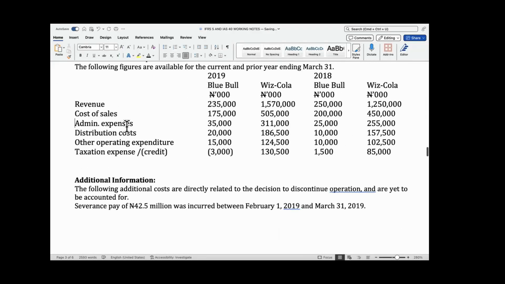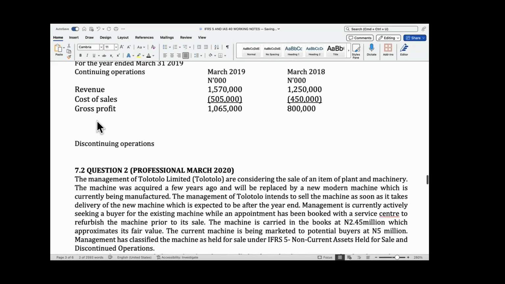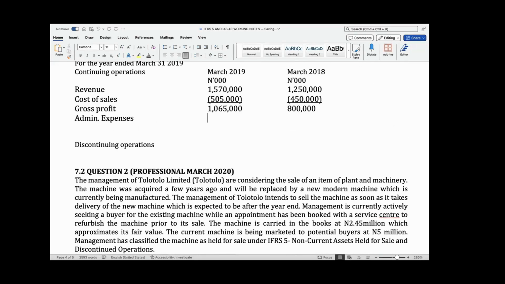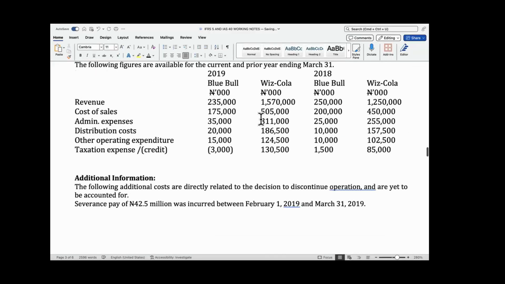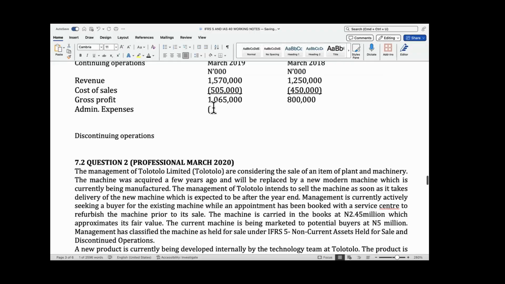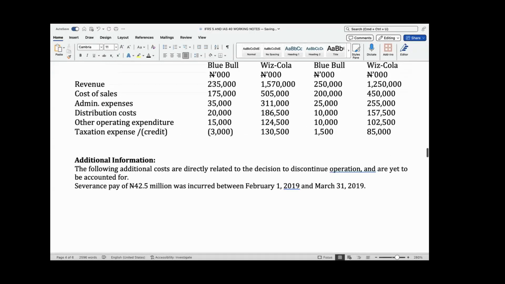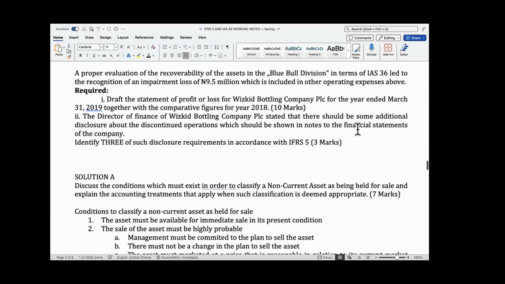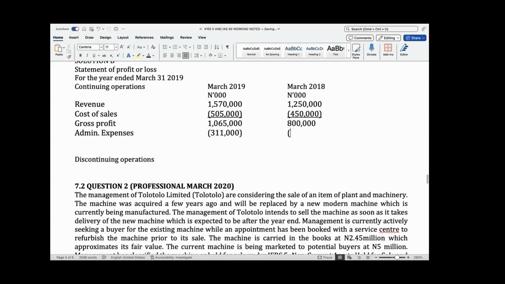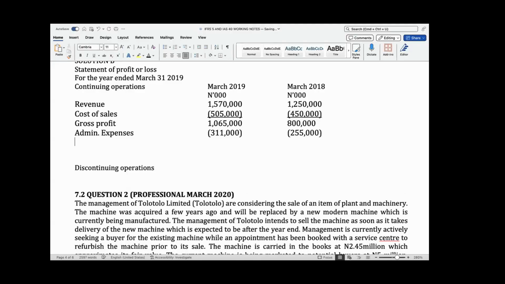Then we have our administrative expenses. For Whiskola, we have 311,000, and for the comparative period, we have 255,000.